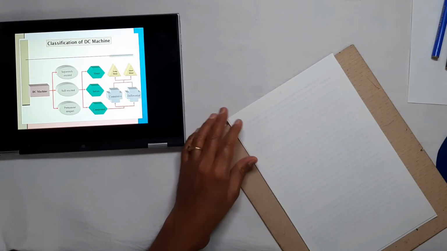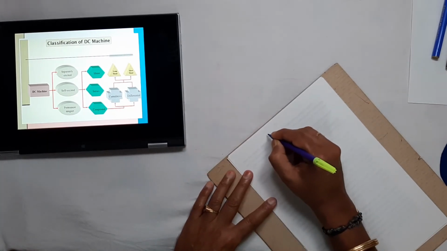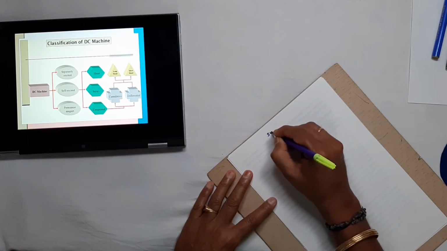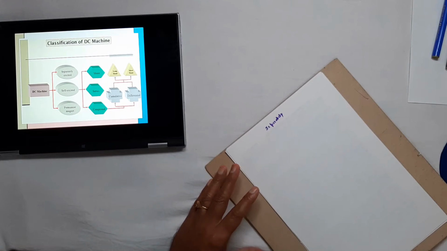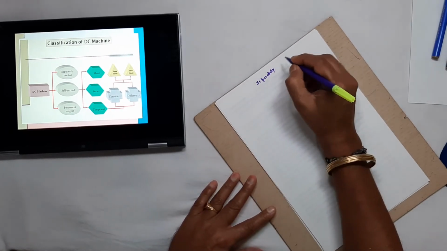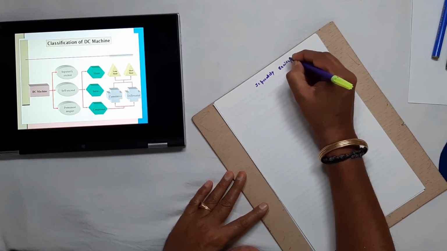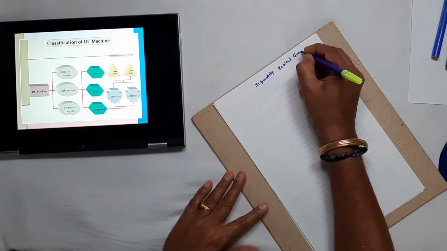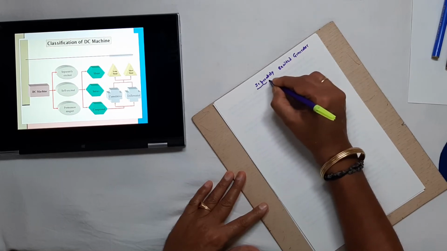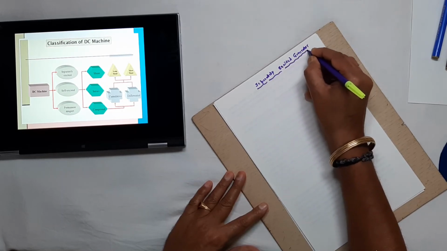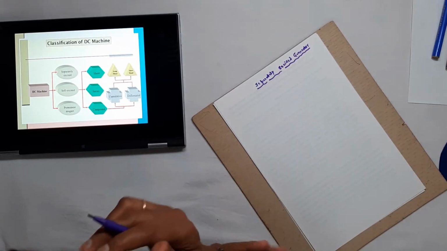The first one I'll take is the separately excited generator. The generator consists of two main parts. One is the armature.